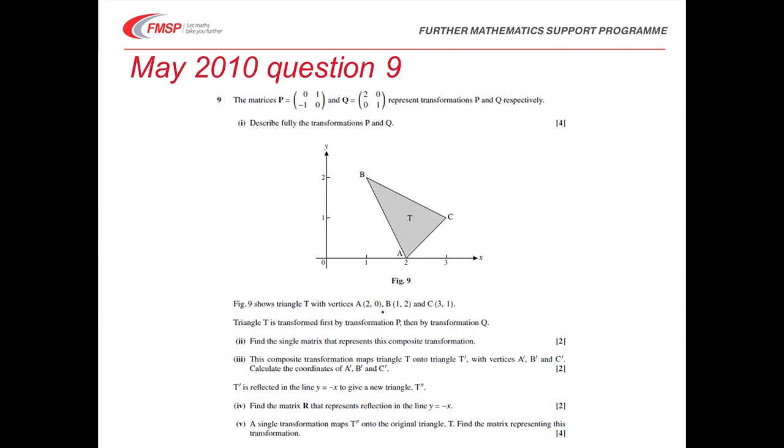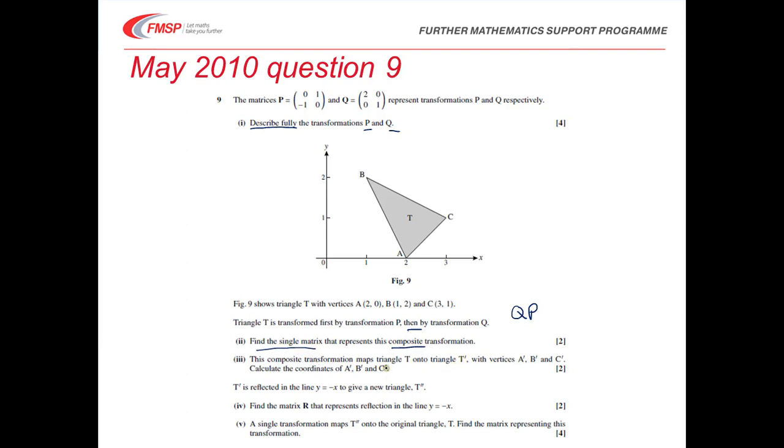We are given two matrices and we're asked to describe fully the transformations P and Q. We're then given a triangle T, which is transformed by P and then by Q. So that's P and then Q. Our matrices are going to be multiplied in that order. The next part is indeed to find the single matrix that represents this composite transformation.